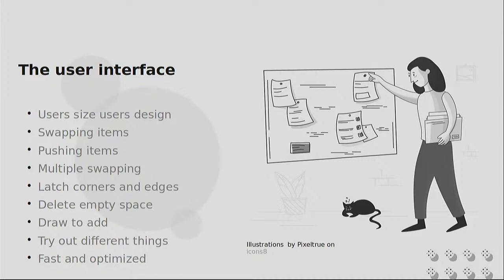I'll get to this when I'm doing the demo. You can delete empty space when you have a narrow strip of space which you want to get rid of. You can draw a rectangle to add items on screen. Users can try different things and get used to it, and they can have their own set of things, and it's fast and optimized.